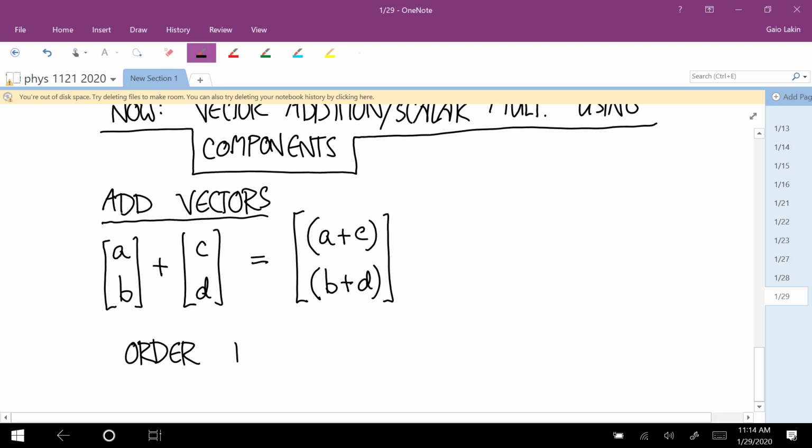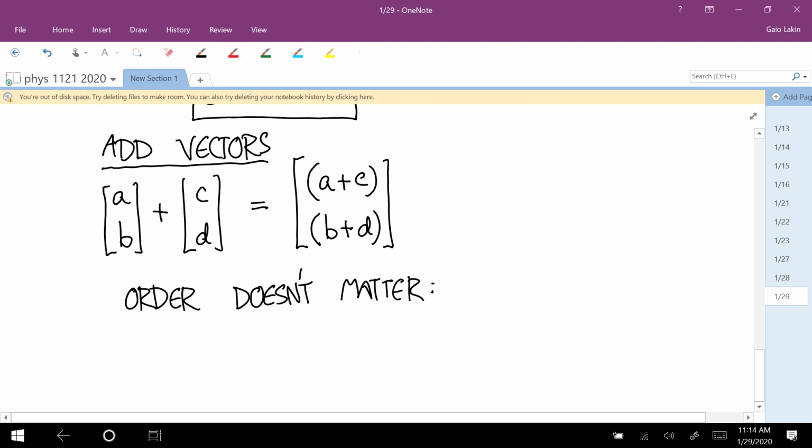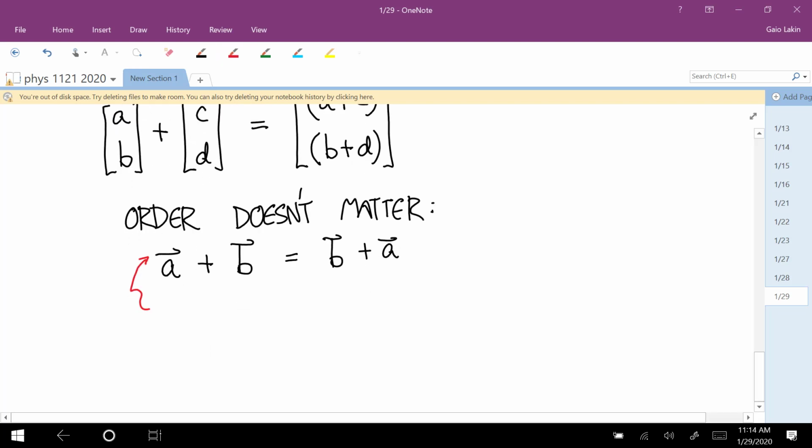Notice that the order doesn't matter. Just like adding two numbers together, if you have a vector A and you add it to a vector B, that's the same thing as a vector B and adding a vector A. And these arrows mean that we're talking about a vector variable.